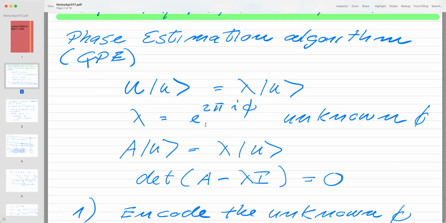When you take U transpose times U, that's equal to the identity matrix, which means that the eigenvalue has absolute value equal to 1, which means that you have an arbitrary phase here, which needs to be determined. So this arbitrary phase is an unknown quantity. And the quantum Fourier transform allows you to determine that phase.